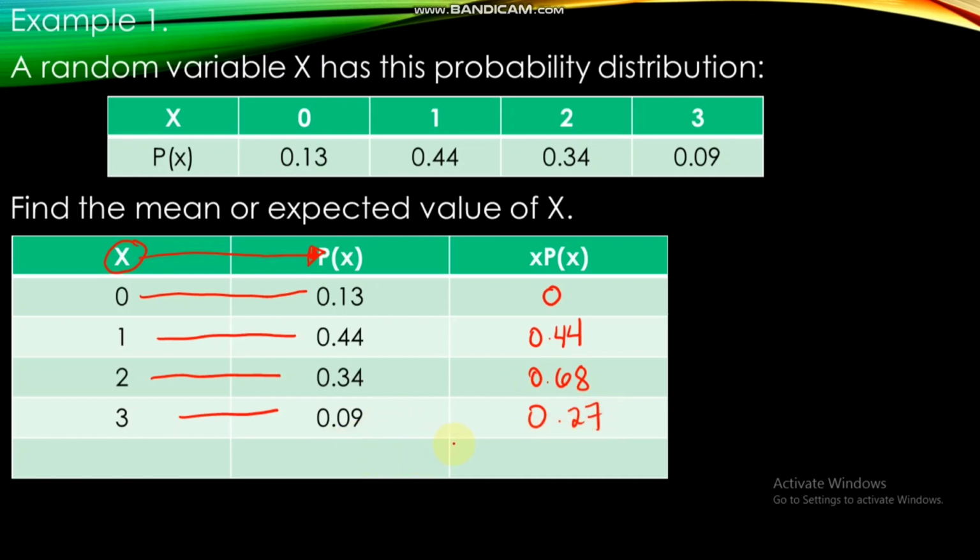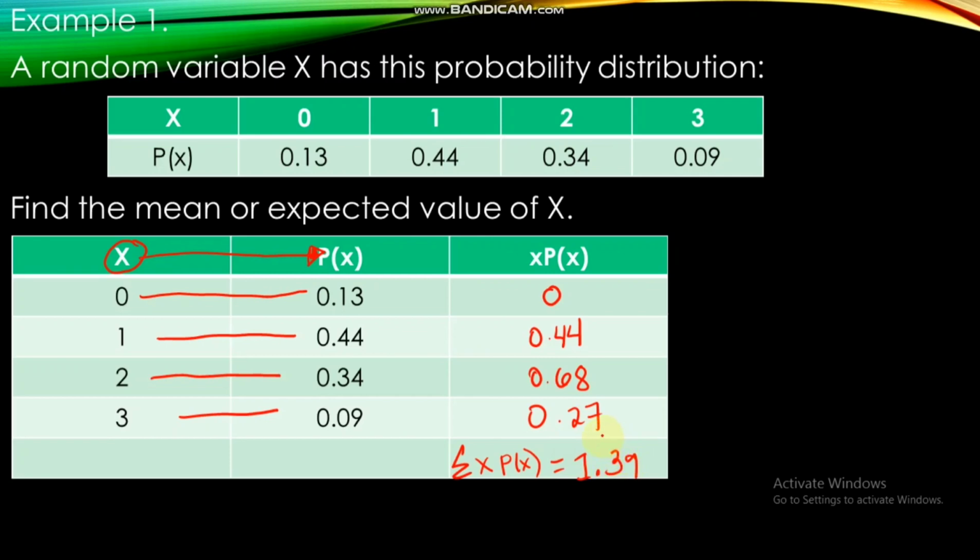Then we will find the total sum. So the total sum of x times p of x equals 0.44 plus 0.68 plus 0.27, which is 1.39.